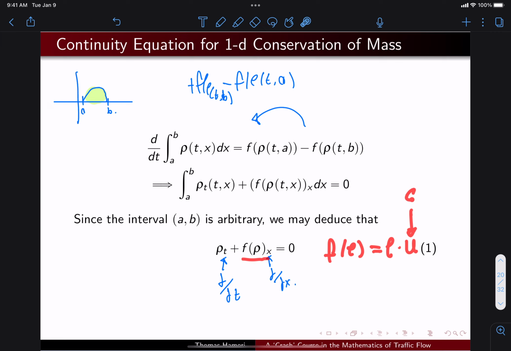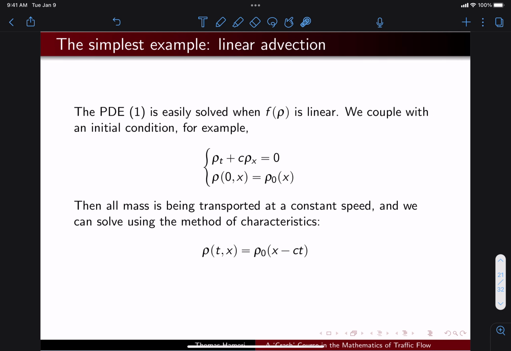That is what we're going to talk about next. Then this model is going to be reduced to something which we call linear advection. Linear advection is simply going to say all of the mass is going to move through the space with a constant velocity.